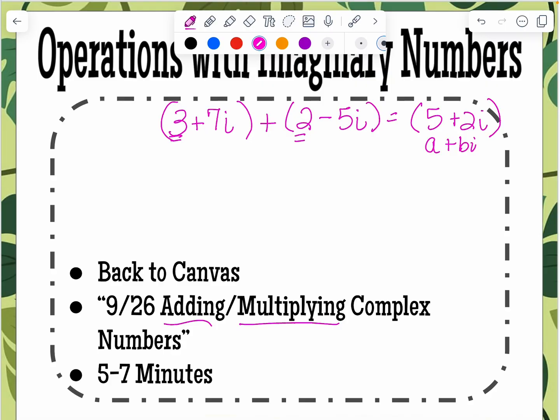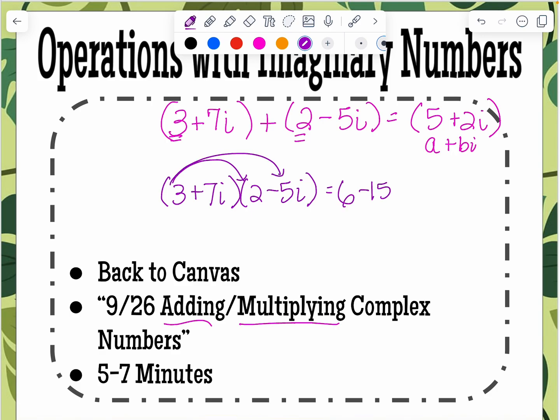Now if I'm going to multiply those same two, I'd say 3 plus 7i times 2 minus 5i. So 3 times 2 is 6. 3 times negative 5i is negative 15i. 7i times 2 is positive 14i. And the last one's going to be negative 35i squared. So we're going to simplify.